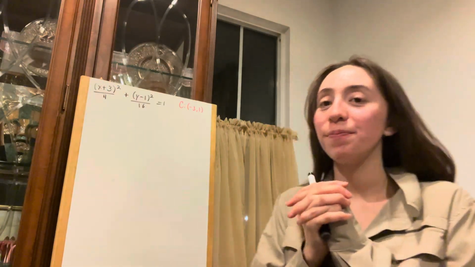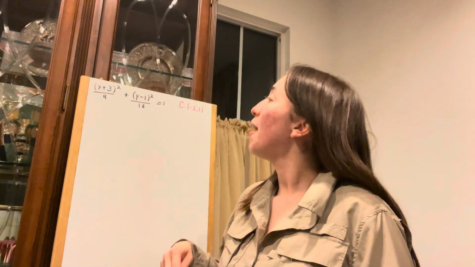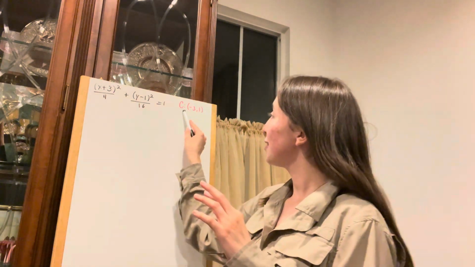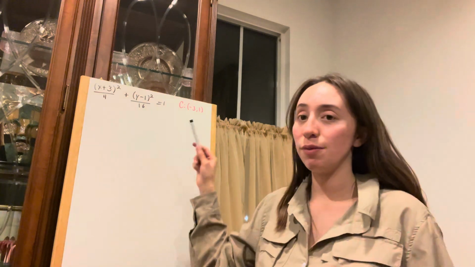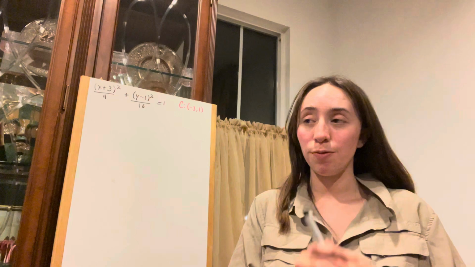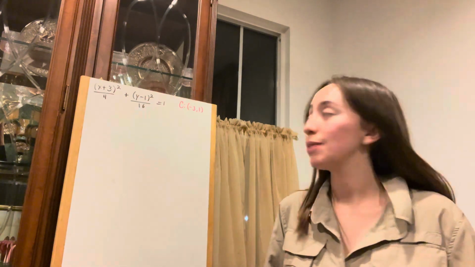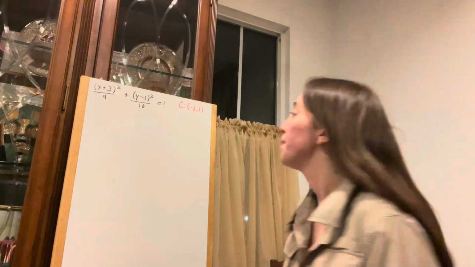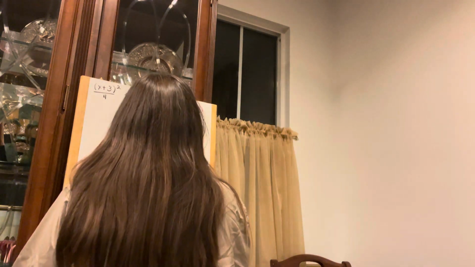Okay, so my board is clear, and this is where we left off. I rewrote this. This is my center. We're going to keep this in red so that I can show you on the graph, which is what we're going to do right now. We're going to start the graph because I know what my center point is, which is at negative 3 and 1. Let's make this graph.